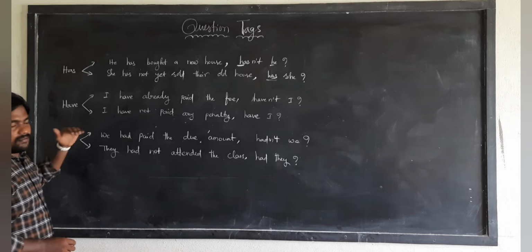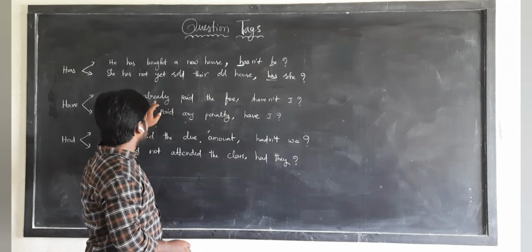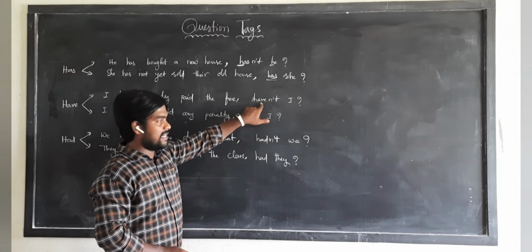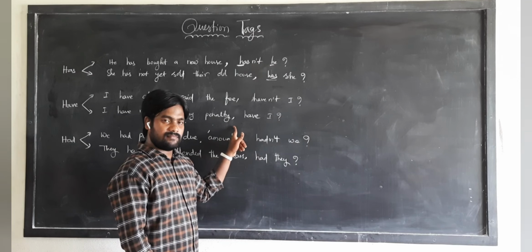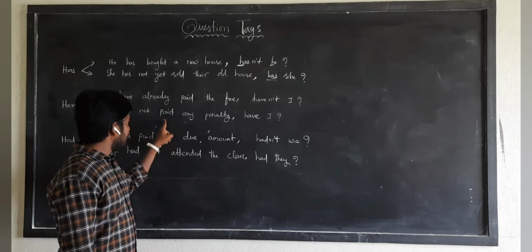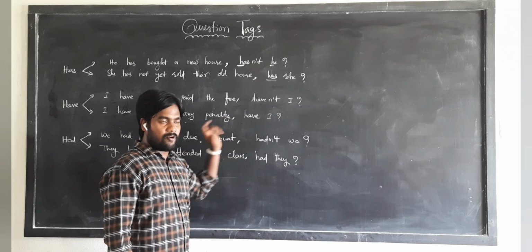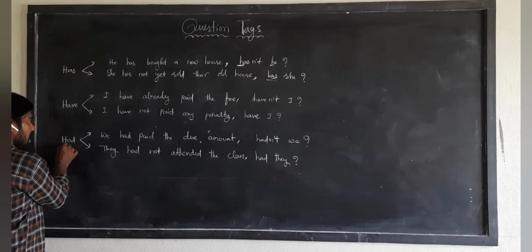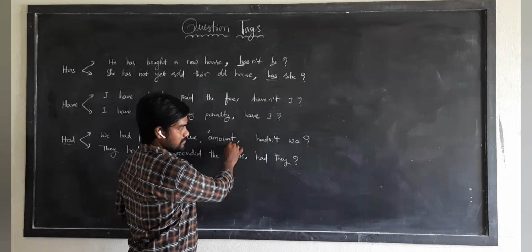Next, have forms. Same thing. I have already paid the fees. Since it is positive, the tag will be negative. Haven't I? I have not paid any penalty. Since it is negative, the tag will be positive. And last, had. See, we had paid the due amount.